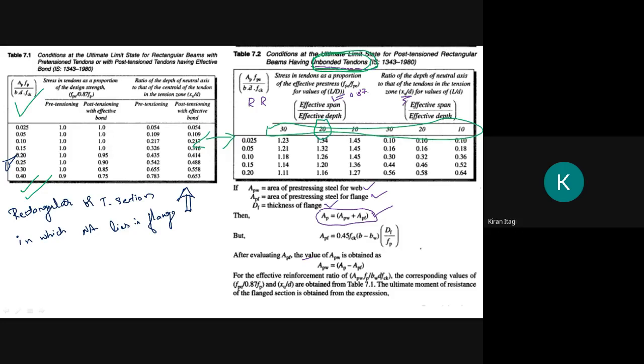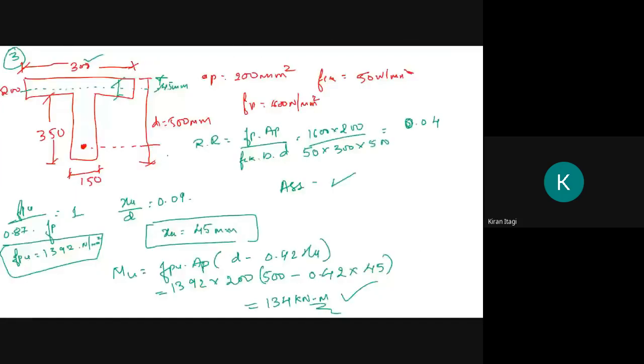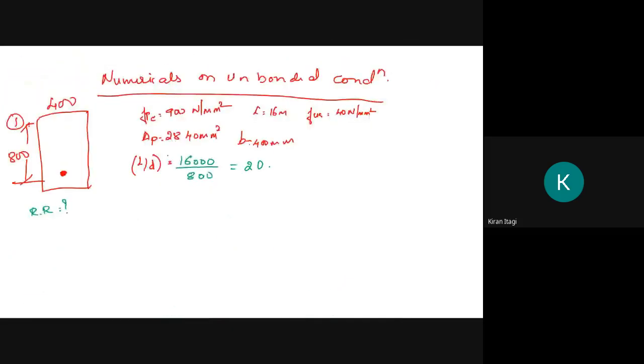Now we need FPU by FPE, and here XU upon D. So first we need the reinforcement ratio.